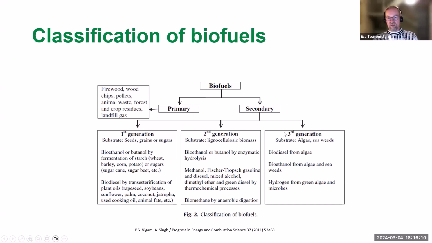Nowadays you also find third, and in some publications even fourth generation biofuels, but I think these definitions vary, so it's not always the same. But it's quite clear that first generation refers to biofuels that are made from edible foods, edible biomass.